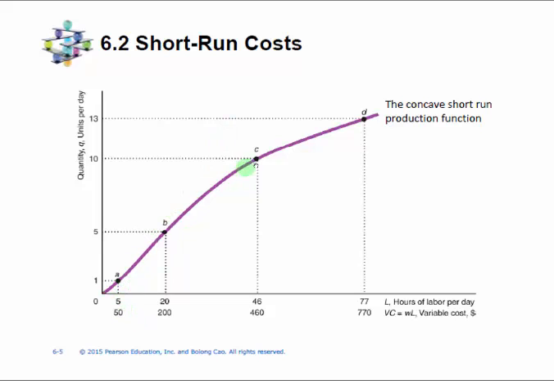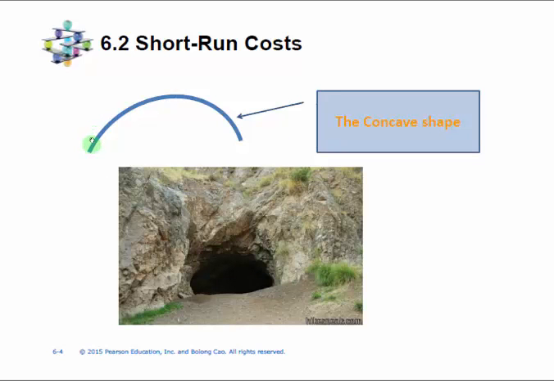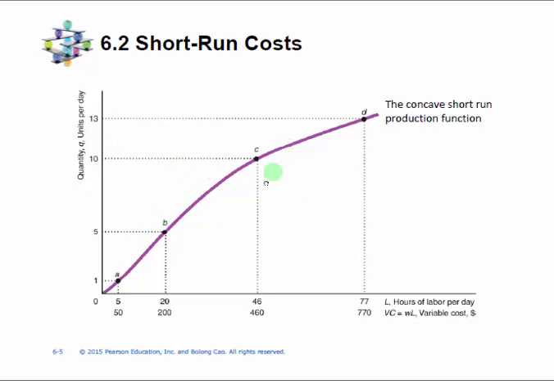The shape of this production function is so-called concave, it comes from the word cave. The outline of the cave is a concave shape. And what it says is exactly that if you have more input get into your production process, the additional output will be less than the previous additional output that can be produced.